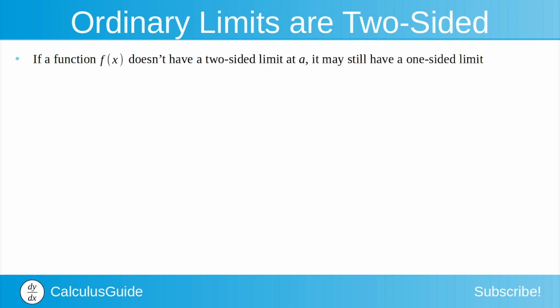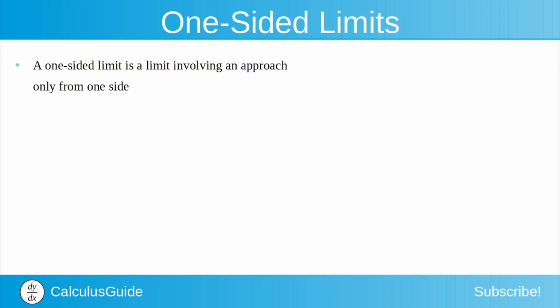If a function f of x doesn't have a two-sided limit at a, it may still have a one-sided limit. A one-sided limit is a limit involving an approach only from one side.